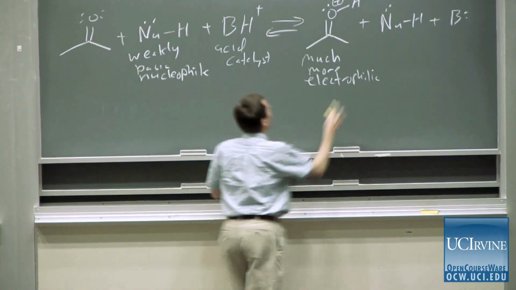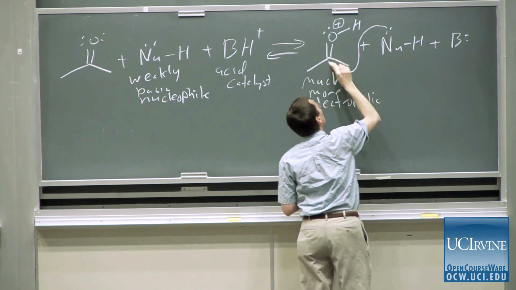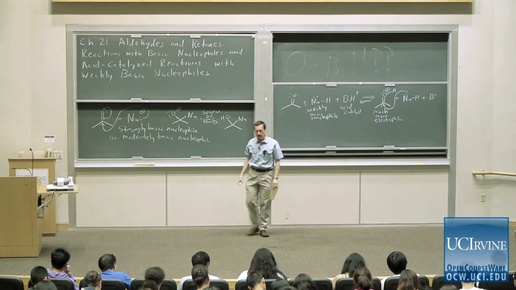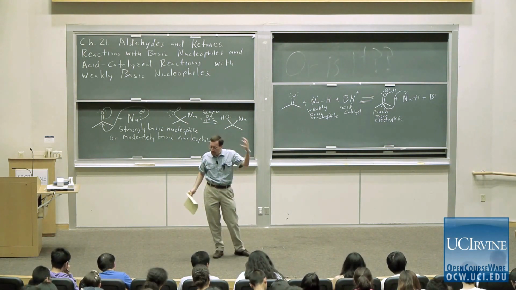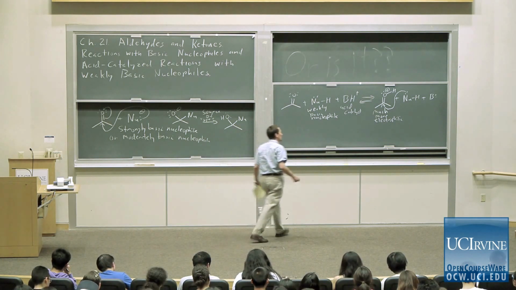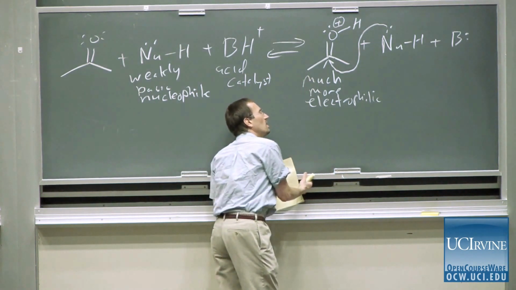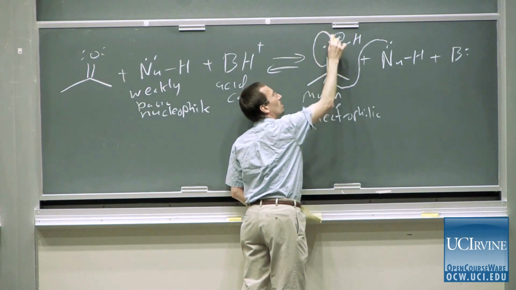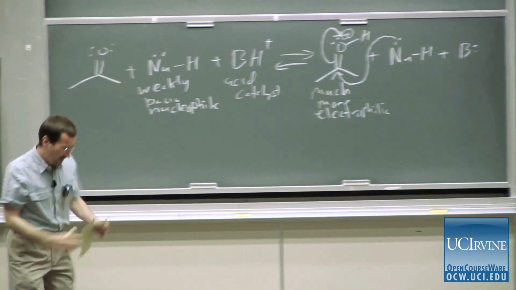And so we can envision electrons flowing from the nucleophile to the carbonyl carbon, the protonated carbonyl compound, just as they did before. But the difference is it's a lot more electrophilic. And again, just as before, we can't have 10 electrons around a carbon. So as electrons are flowing from the nucleophile, we're putting electrons up onto the oxygen atom.